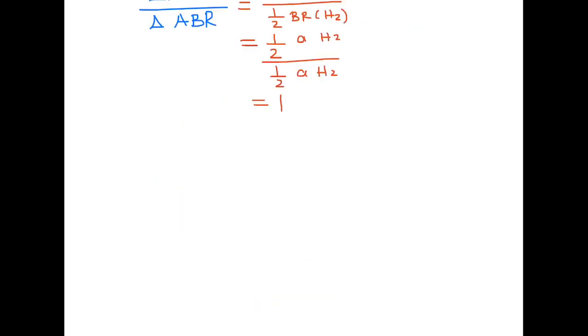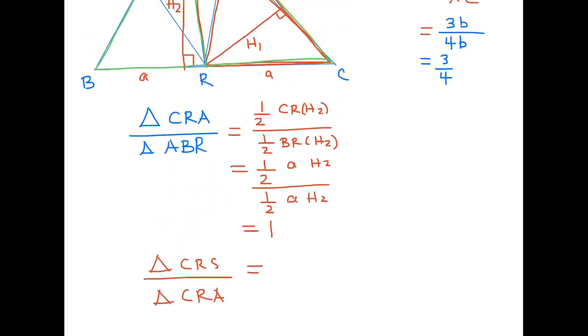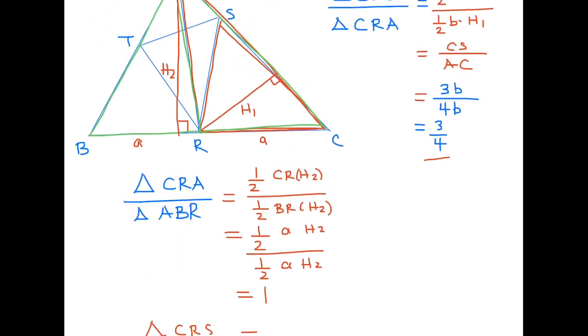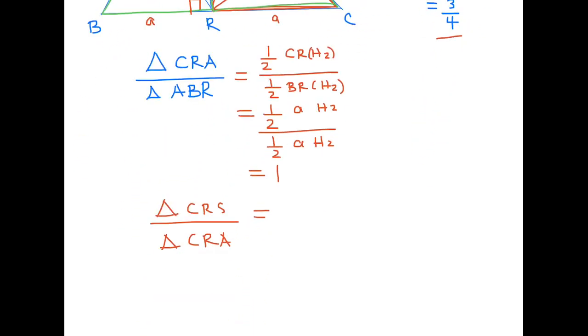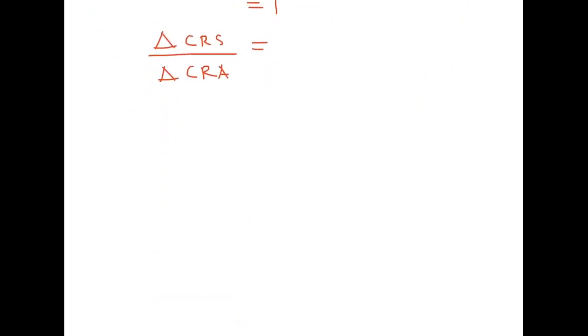So now we're going to compare triangle CRS to triangle CRA again, and we figured that out already, which is 3 over 4 at the top there. So this is 3 over 4.